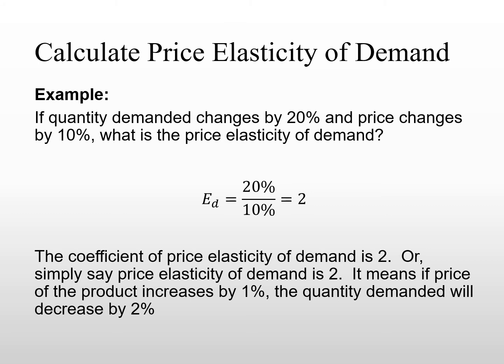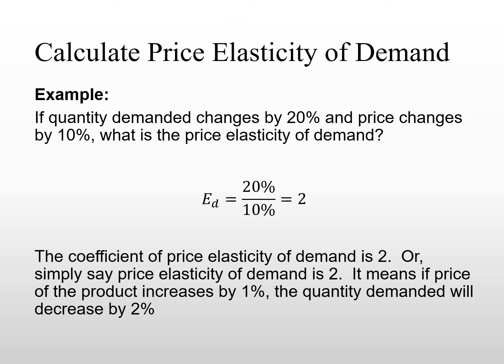This coefficient is a very powerful and useful number so that we can talk about the marginal change of the responsiveness of demand. The simple definition is: for every 1% change in price, the quantity demand will change by 2%.